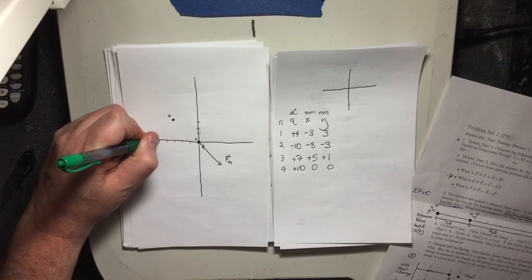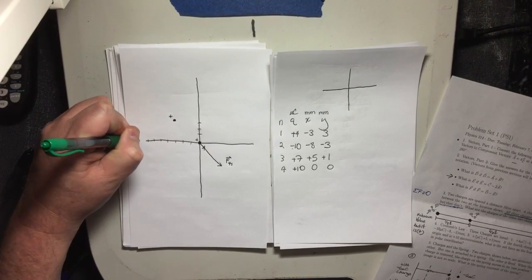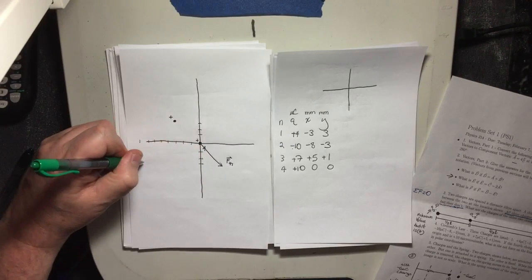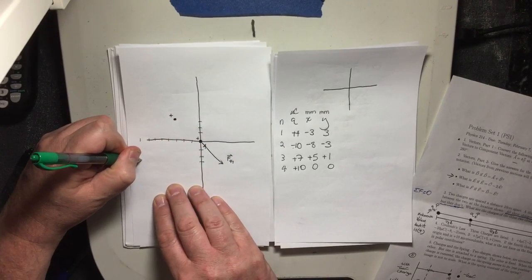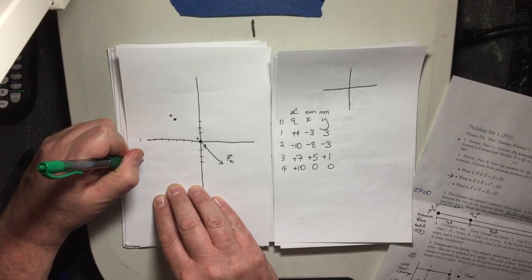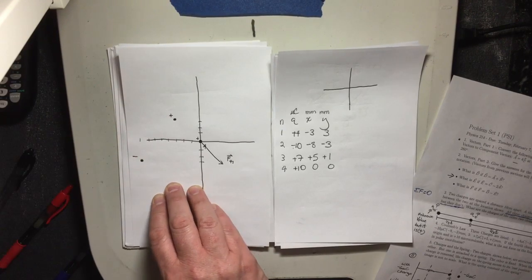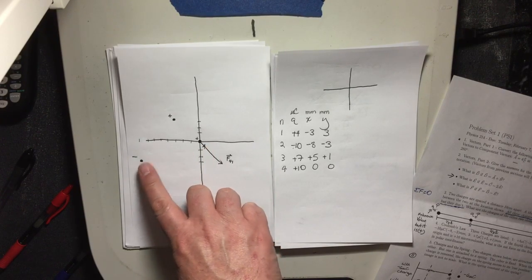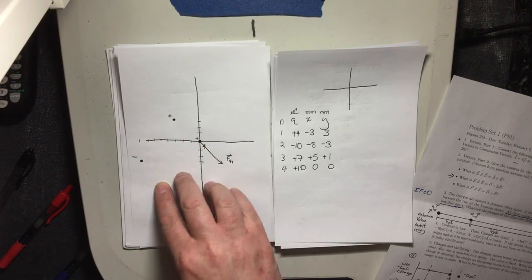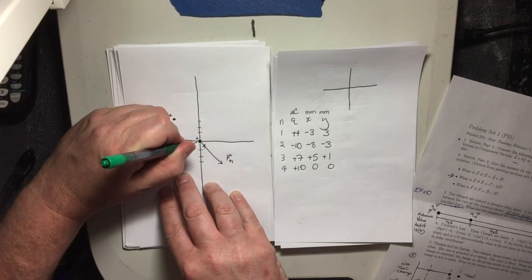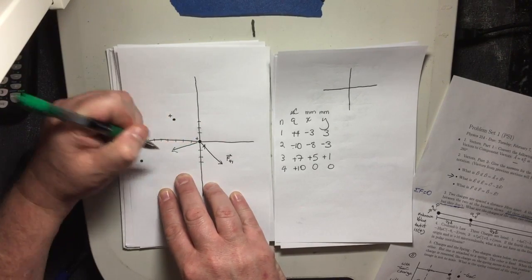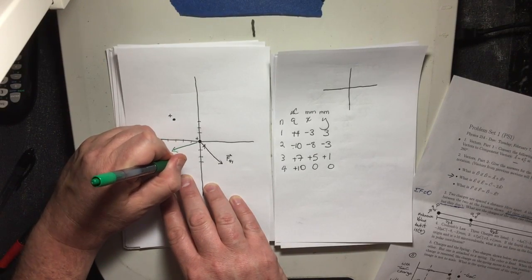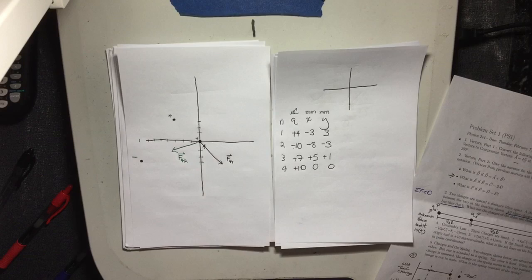So 4, 5, 6, 7, 8, 1, 2, 3. So that second charge is out here. It's negative. It pulls the positive charge towards it because they're of different charge polarity. So that force is that way. So the force on 4 by 2 is that.